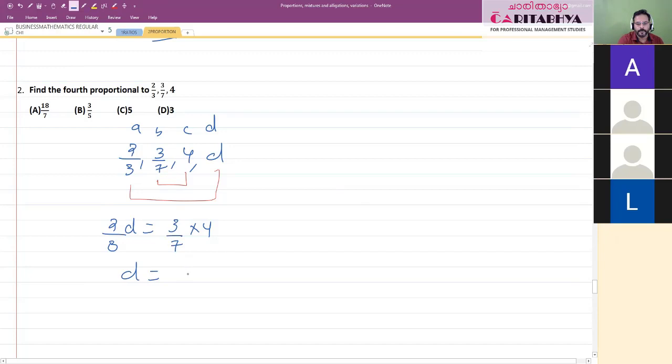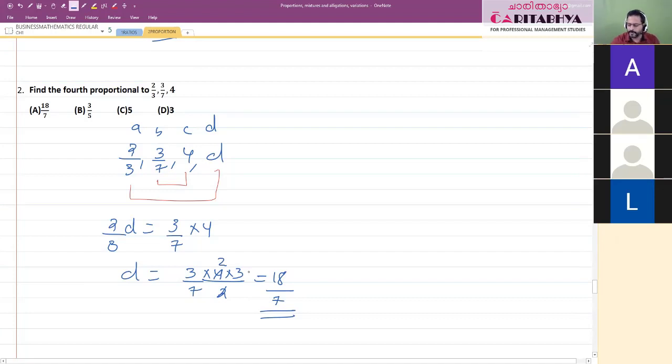Okay. So D is equal to 3 by 7 into 4 into 3 divided by 2. So we get 18 divided by 7. What did we use here? There are 4 terms in proportion, and the fourth proportional, or fourth term, is asked.